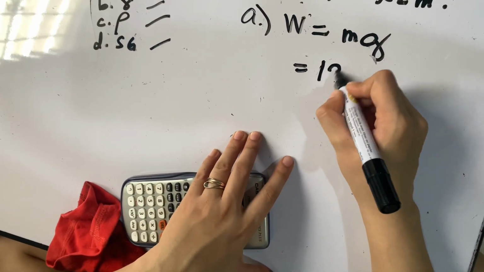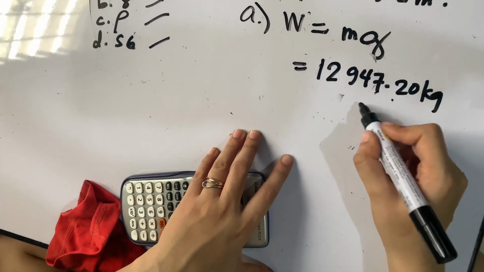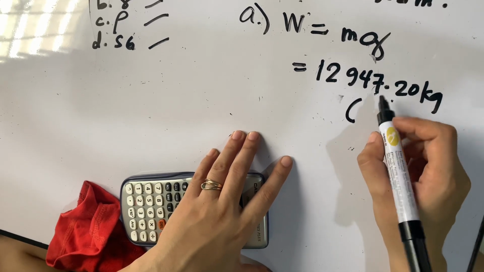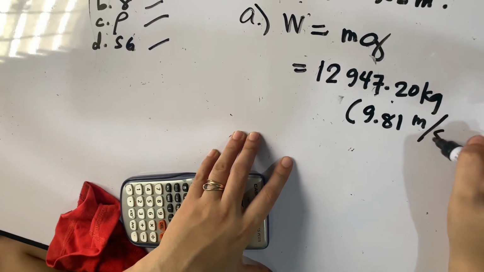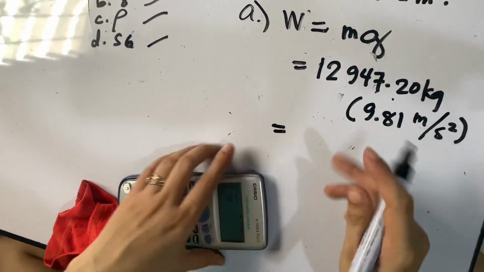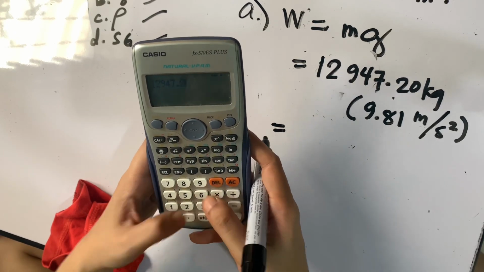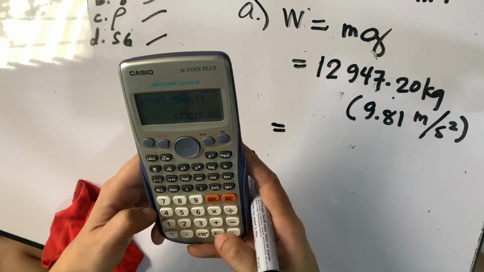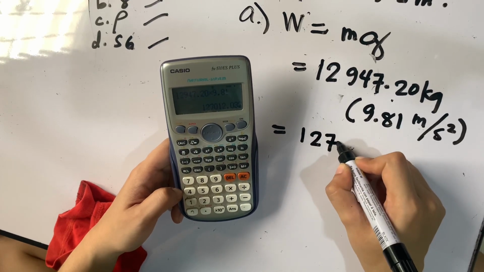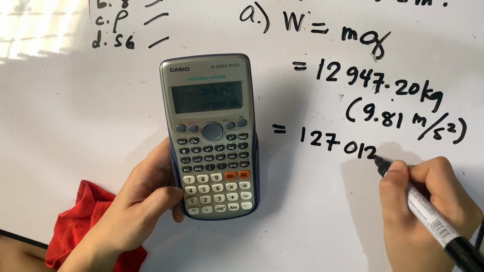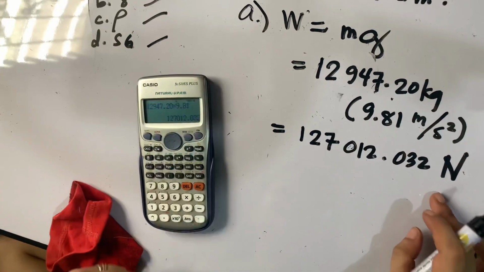So we have the mass, 12,947.20 kilograms, times the gravitational acceleration, 9.81 meters per second squared. That would give us 127,032 Newton.